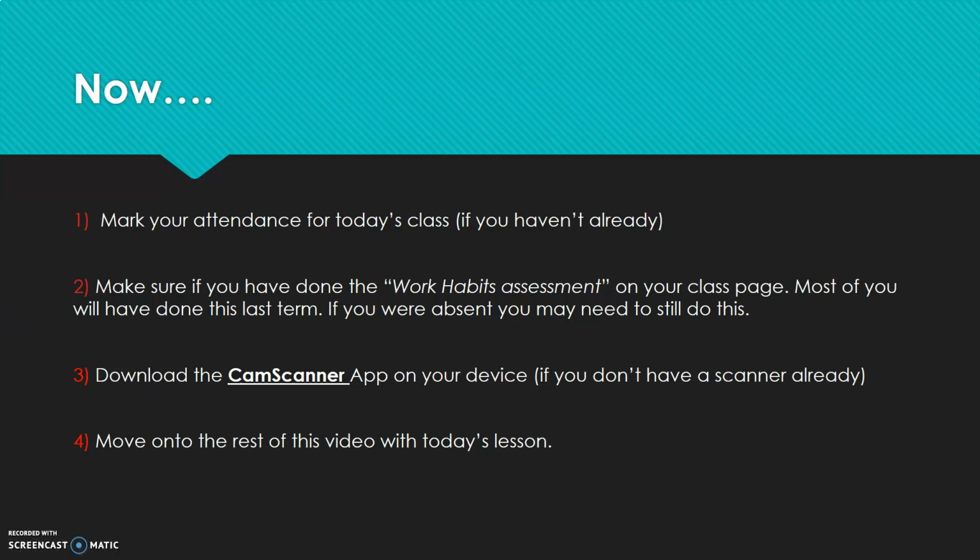That's only for those people who are absent, just make sure you've done that on your class page. The third thing is if you don't have a scanning app or you don't have a scanner at home, download Cam Scanner on your iPhone or your Android device.